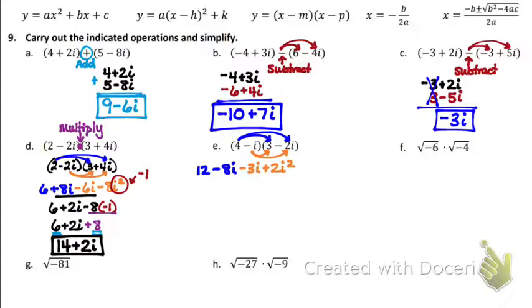All right. What like terms do I have? Negative 8i and negative 3i. Is there anything else that I should combine or replace? i squared gets replaced with? Negative 1. So I have 12 minus 11i plus 2 times negative 1.